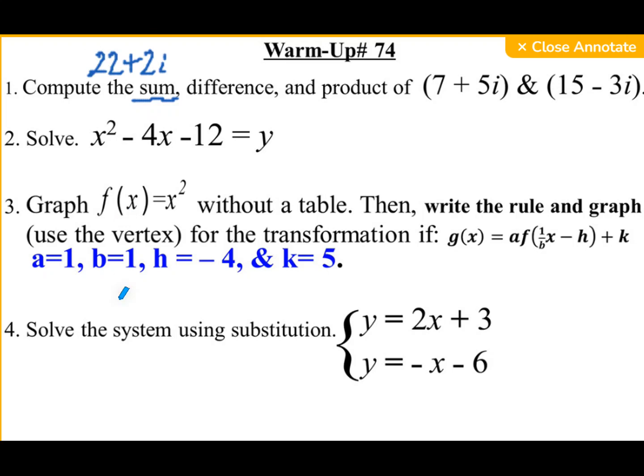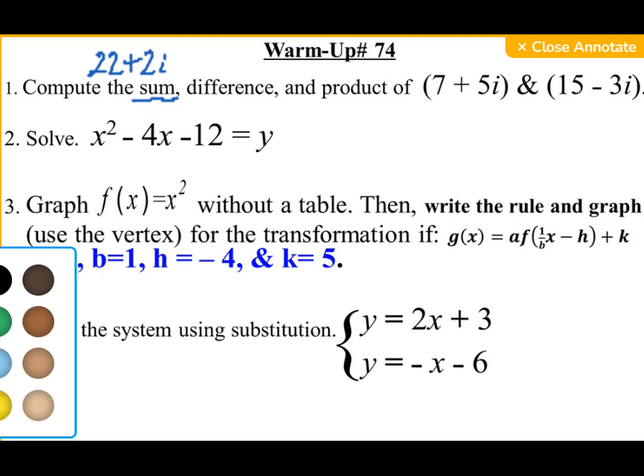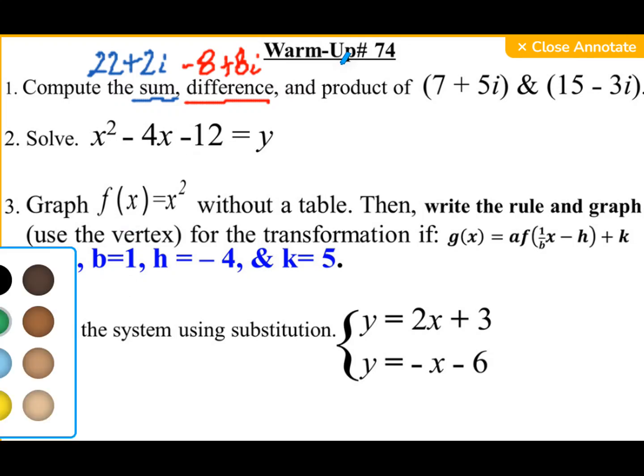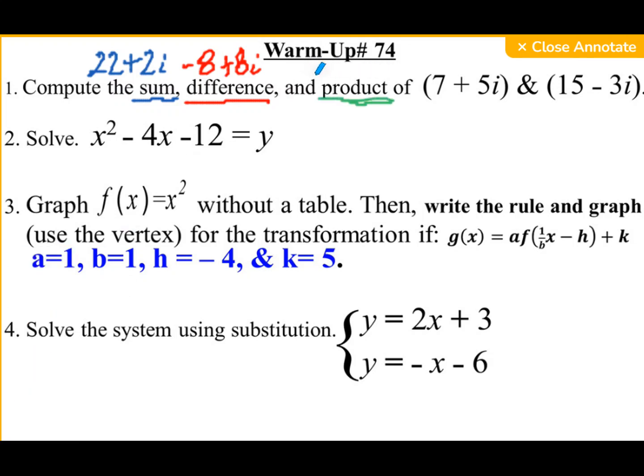Plus 2i, that is correct. Pass someone for the difference. Negative 8 plus 8i, that is correct. Product or multiplication, pass someone.